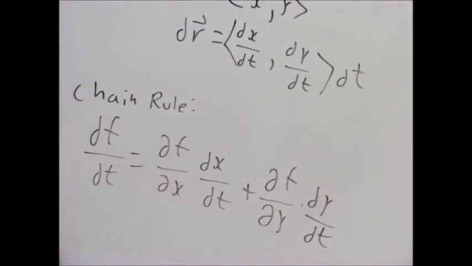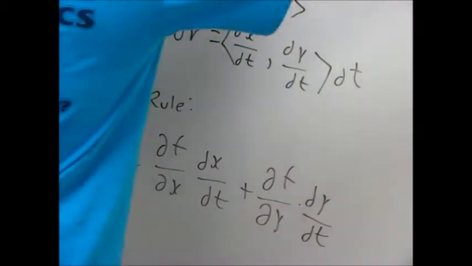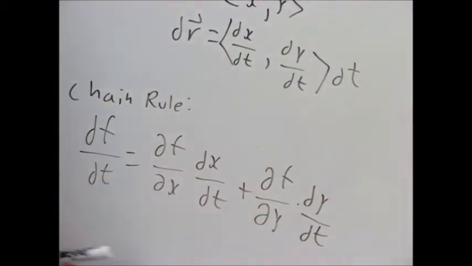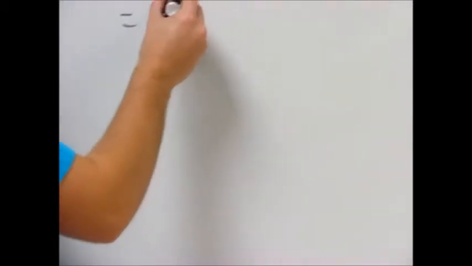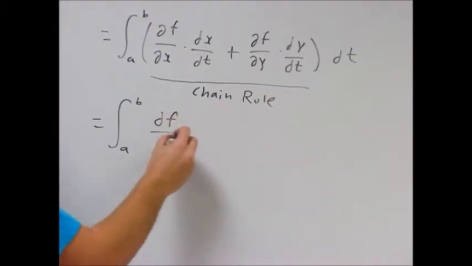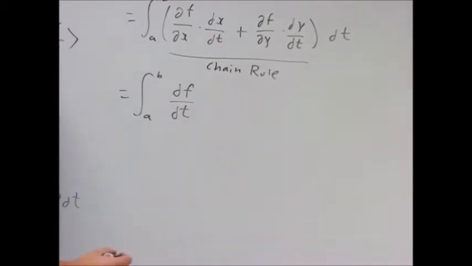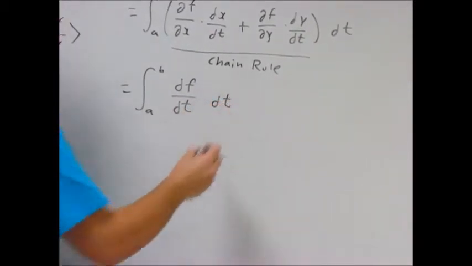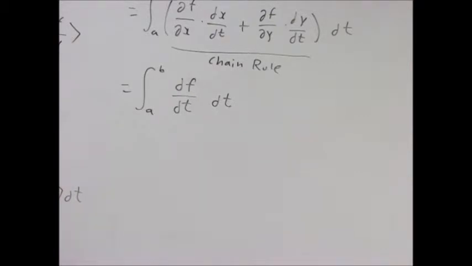So it goes both ways, of course. This is the same as this, so that we can simplify this. In fact, we integral from a to b, well, this is just going to be df dt dt. So it's just the total derivative of f with respect to t.